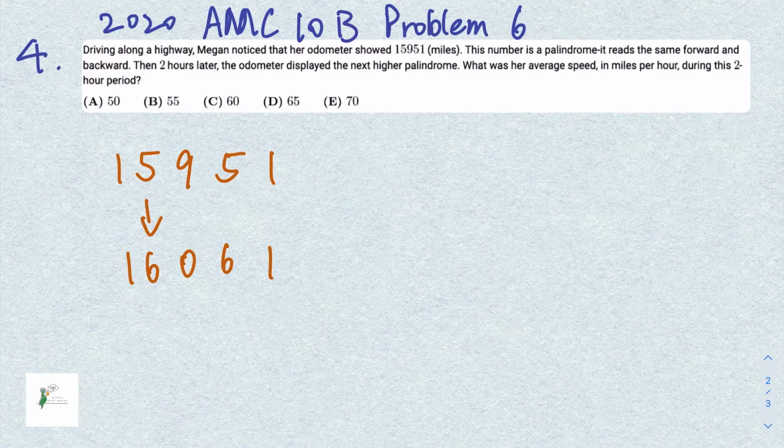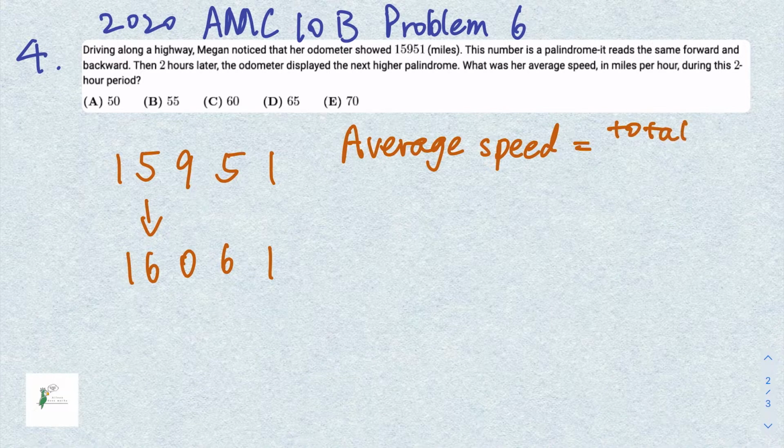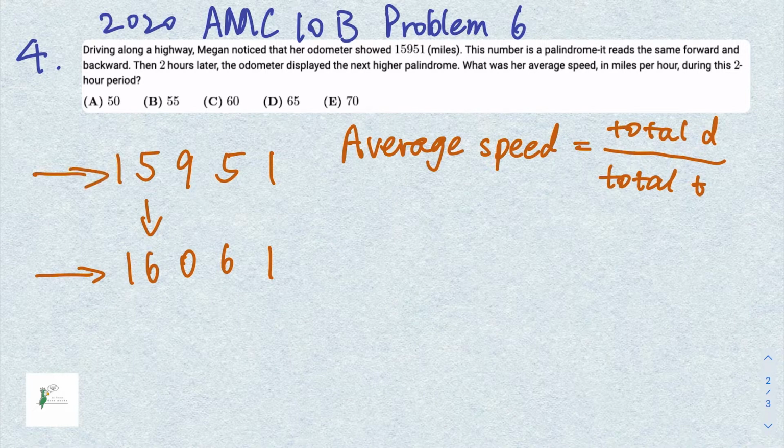Now we have to find the average speed. To find the average speed, as I mentioned before, it equals the total distance divided by the total time. Right? So the total distance is the palindrome now minus the palindrome 2 hours before.